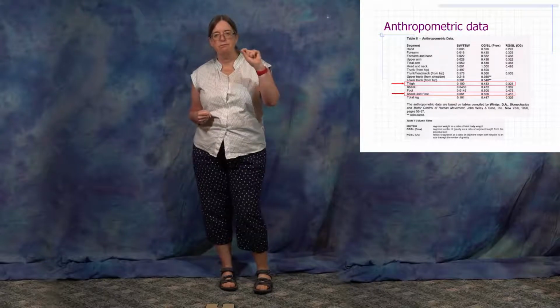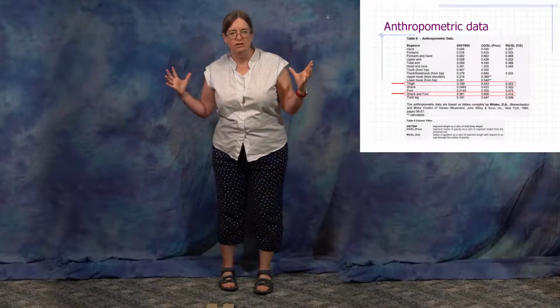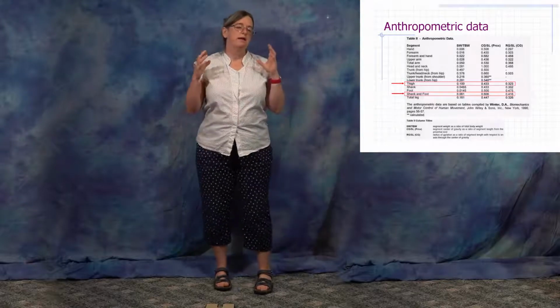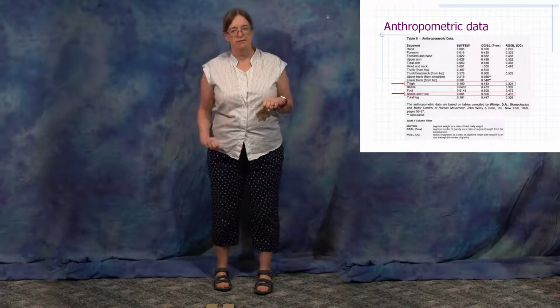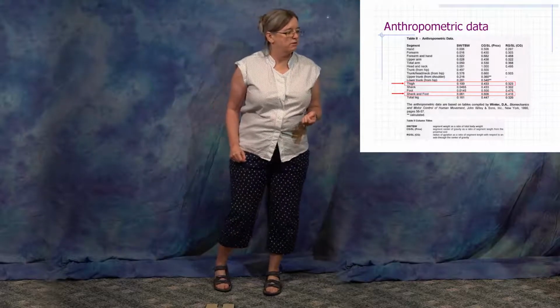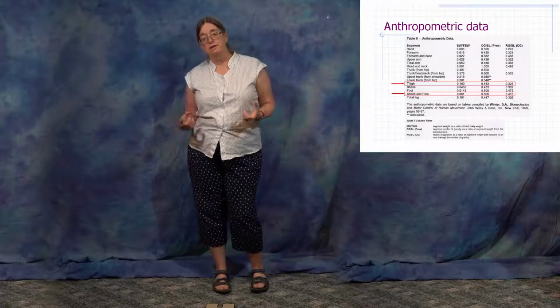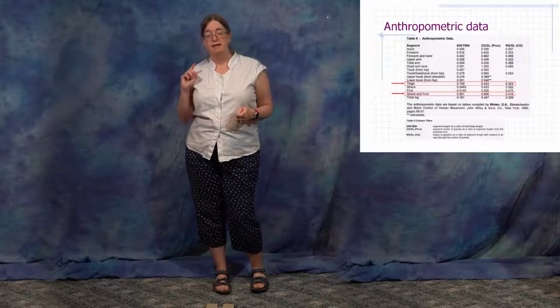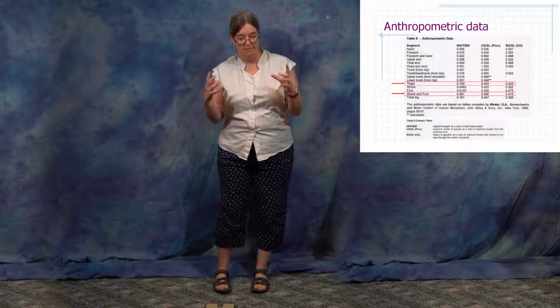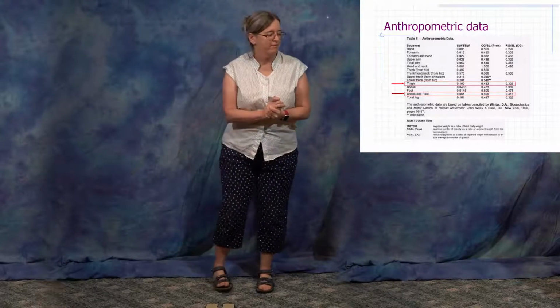That means 10% of the body weight in general is one thigh. For the calf and foot, 0.061. 6.1% of the body weight is one calf and foot. I apologize. Calf and foot together.